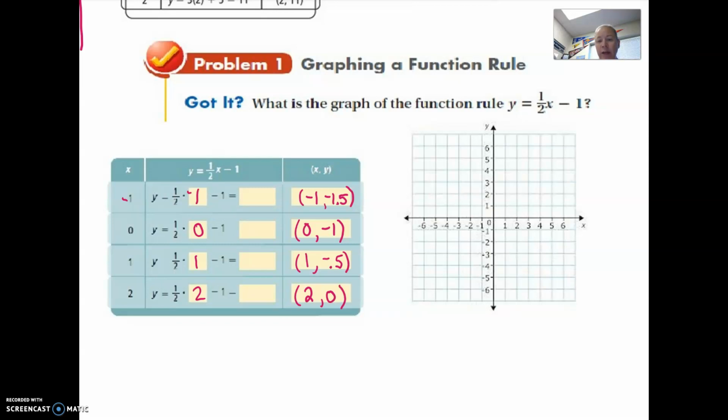So now we have our ordered pairs that we can then graph on our picture here. So we have -1 and -1.5, so approximately there. Then we would start at 0 and go to -1.